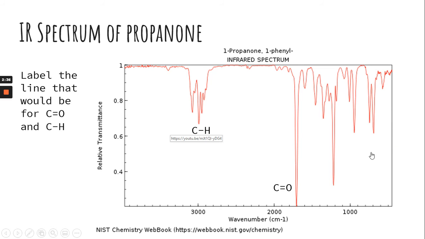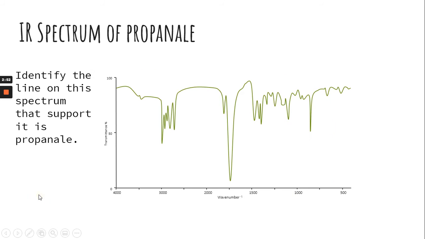Now down here under 1000, this is also known as the fingerprint region, and we don't tend to look down there if we don't need to. So we're really just trying to pick out different areas of the graph to help us understand the bonds.